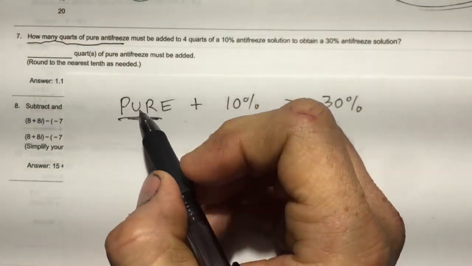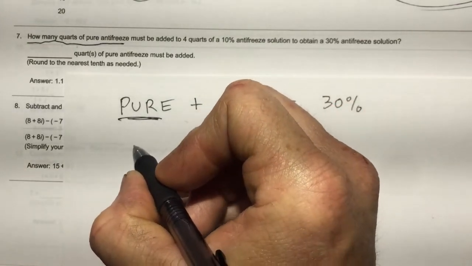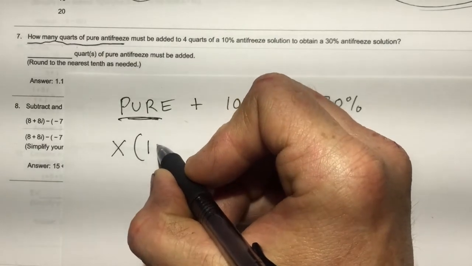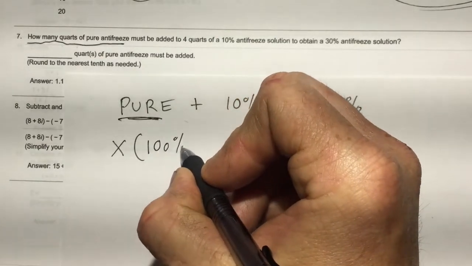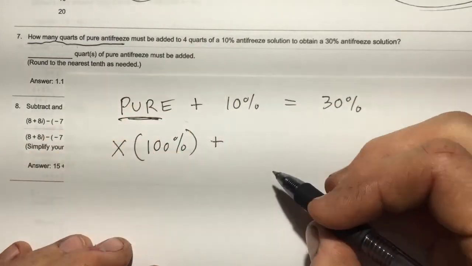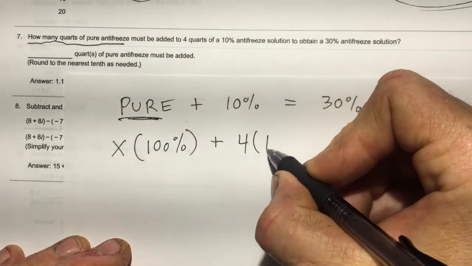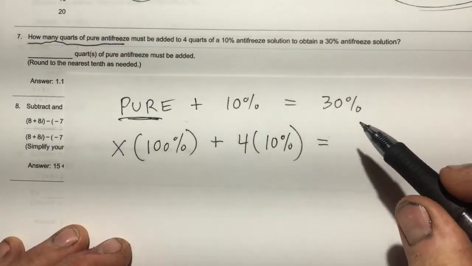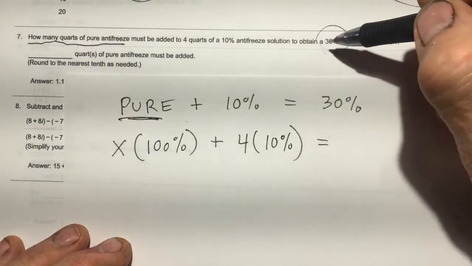Well, we don't know that, so that's x. But it's 100% because it's pure. So that's 100% plus 4 quarts of this. So we got 4 quarts of 10% antifreeze. And that's going to equal a solution that's 30% antifreeze.